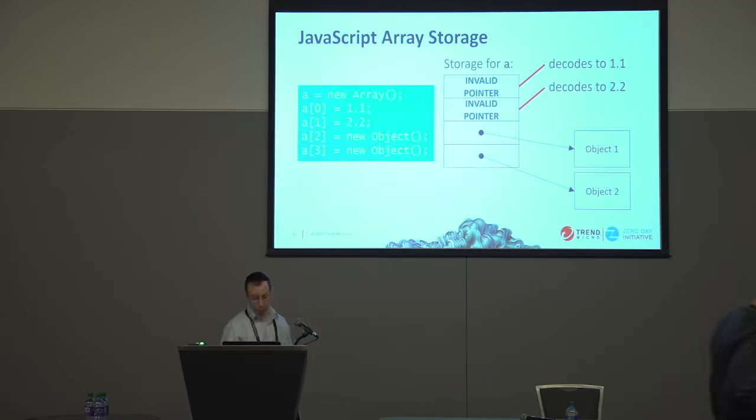We're going to need to refer to this detail later on, so please keep this point in mind. When reading data out of the memory of a general array, the engine tests the data to see whether or not it is a valid pointer. And it does this to figure out whether the data is supposed to be understood as a pointer to an object or as a numeric in encoded form.